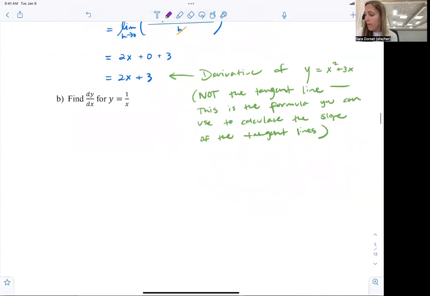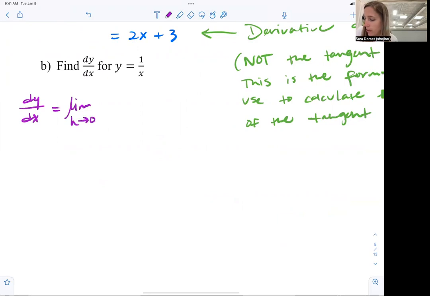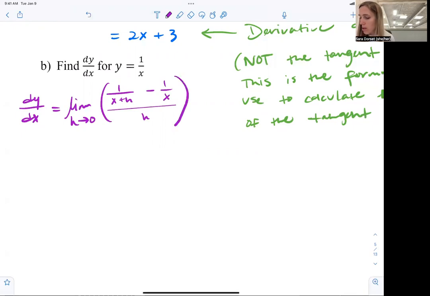All right, so next we're going to find dy over dx for 1 over x. So dy over dx will be equal to the limit as h approaches 0 of 1 over x plus h minus 1 over x all over h. What happens if you try direct substitution?